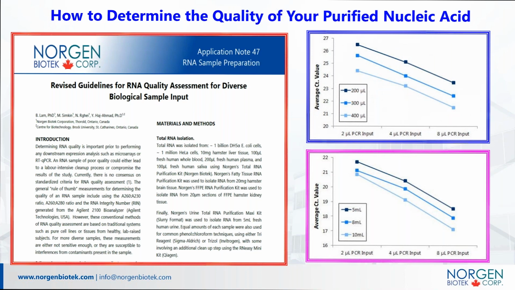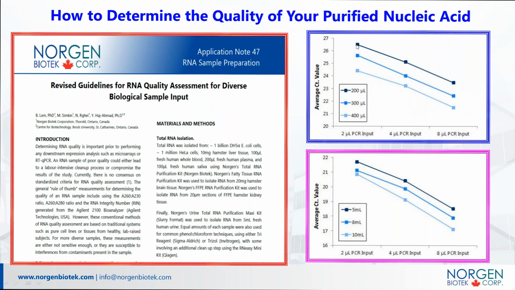Take your purified DNA or RNA and amplify any target of your interest, but use increasing amounts of PCR input, like from the same purified DNA, use 2 microliter, 4 microliter, and 8 microliter PCR input. The more volume you add from your DNA, you should get a lower CT value. If it declines, like in the graph in front of you, it means that your DNA is pure and of good quality.